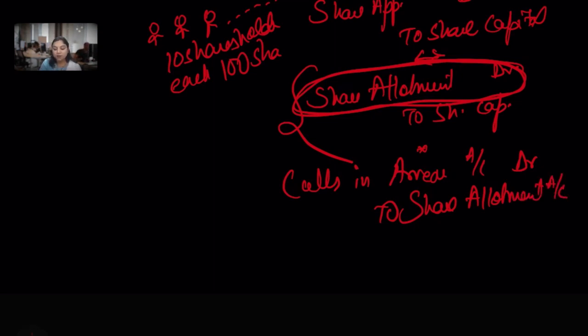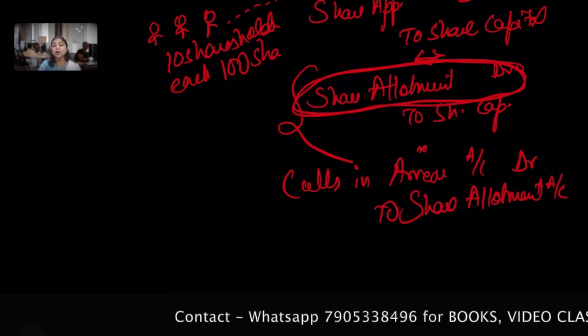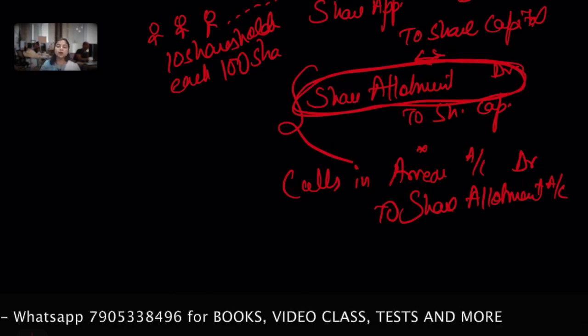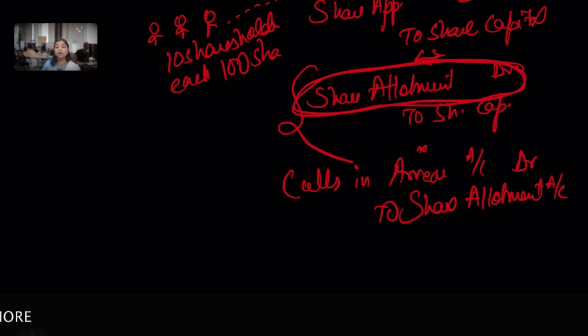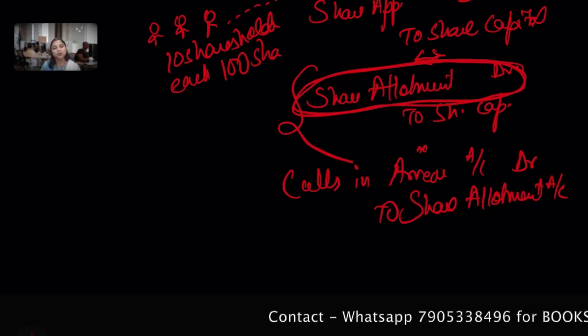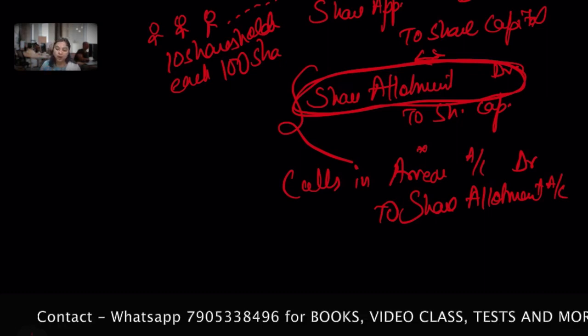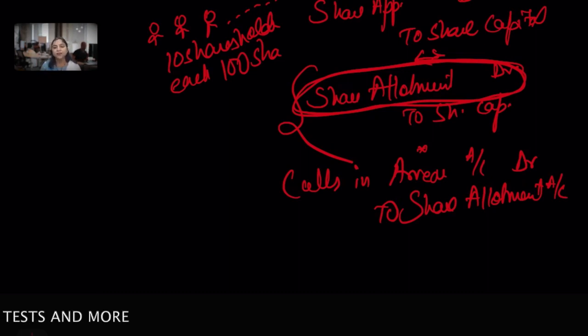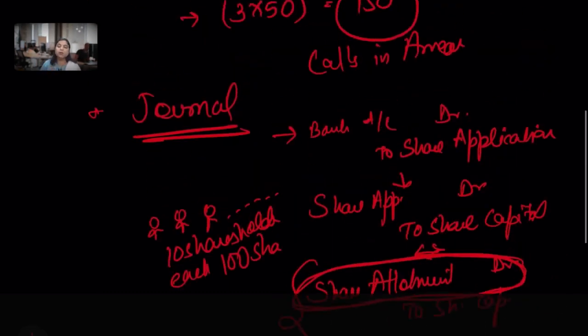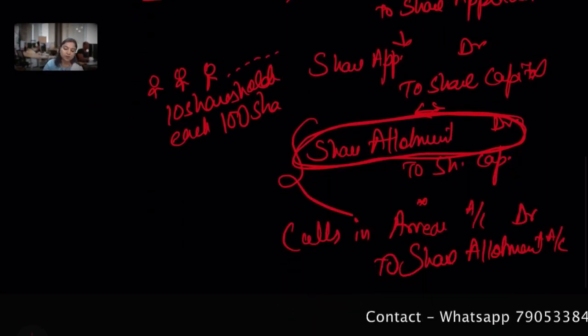It's my very humble request. I always want to ask you people, do not memorize things, try to understand things. Now it's calls in arrear. Why do I pass this entry of calls in arrear? Because the allotment gets reduced, because X has not paid me, made a default in making the calls. It may be share allotment, it may be a first call, second call, third and final call, it can be any call. So this amount is to be disclosed, like 150 as we explained above.